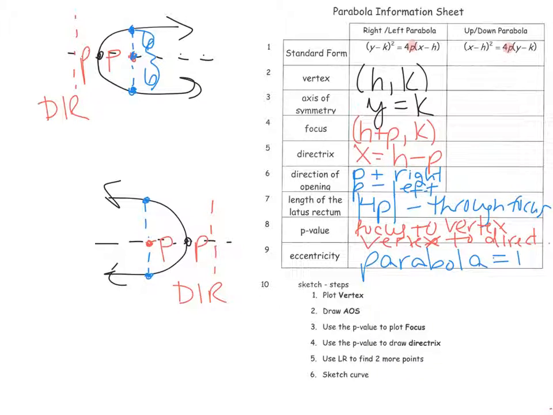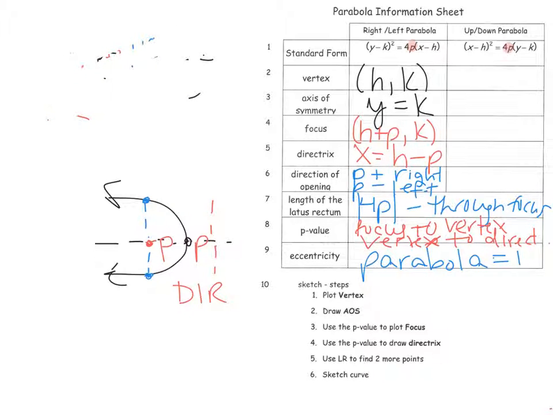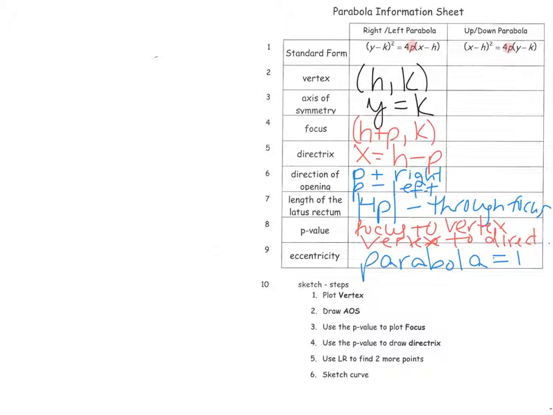And then if we talk about up and down, let me erase what I have here. I'm going to erase the right and left and explain up and down. So if I draw a parabola that opens up, it would look like this. If it opens down, it would look like this.